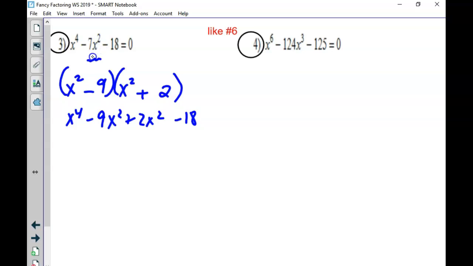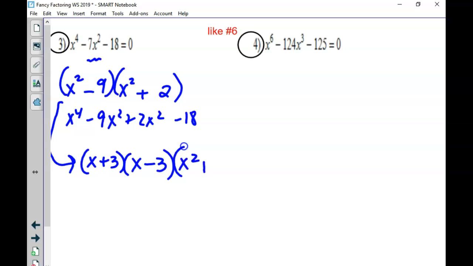So that part's good. Yes, but as Martin says, what happens to the x squared minus 9? Yep, x plus 3 and x minus 3. Can x squared plus 2 go further? No. Only the difference of squares can, and 2 isn't a perfect square anyway. All right.